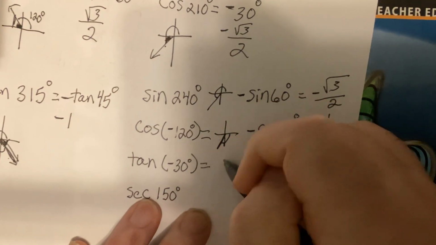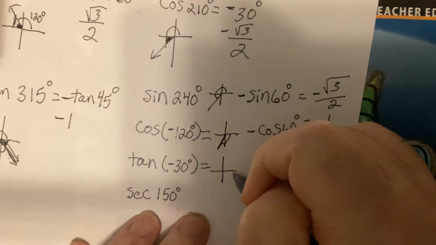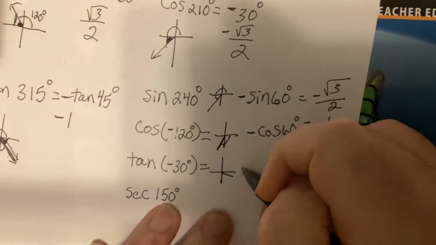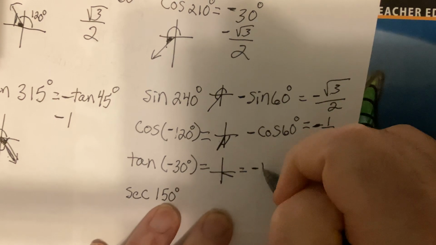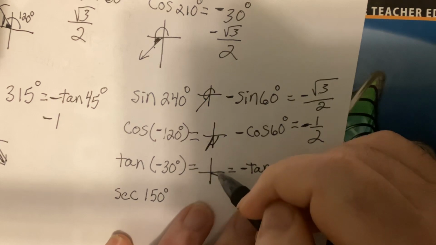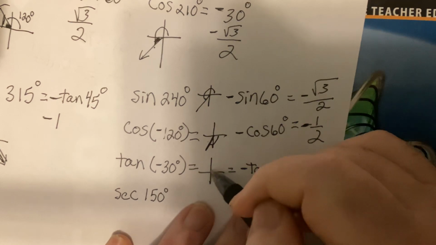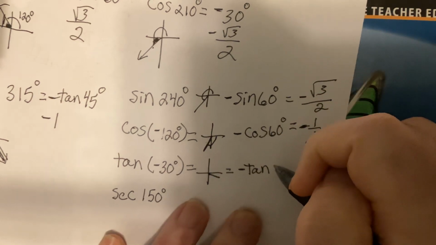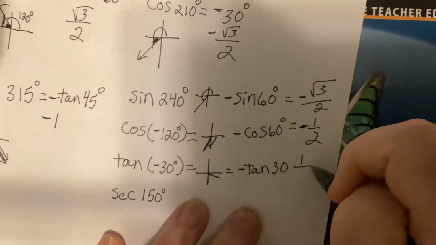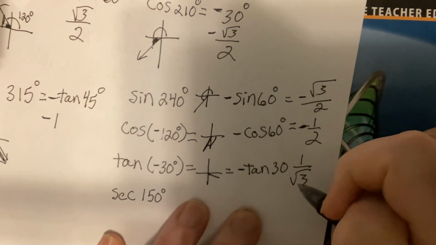Negative 30 is right here. Tangent's negative in the fourth quadrant. And that'd be 30 degrees between the closest x-axis and negative 30. So that would be tangent of 30, which is 1 over the square root of 3.